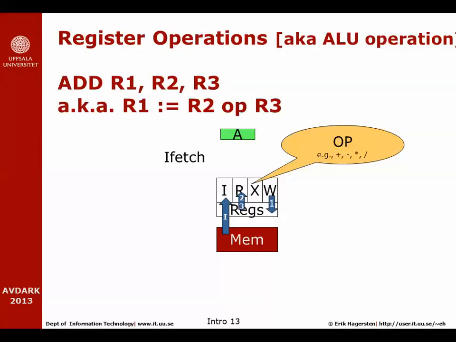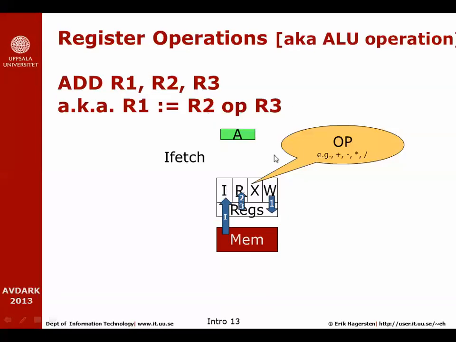We're going to look at how 4 very basic instructions are executed on this pipeline implementation. First we're going to look at an instruction which adds register 2 and register 3 and puts the result in register 1. What's going to happen in the I stage is that we're going to fetch the instruction from memory. That's always what happens in the I stage.